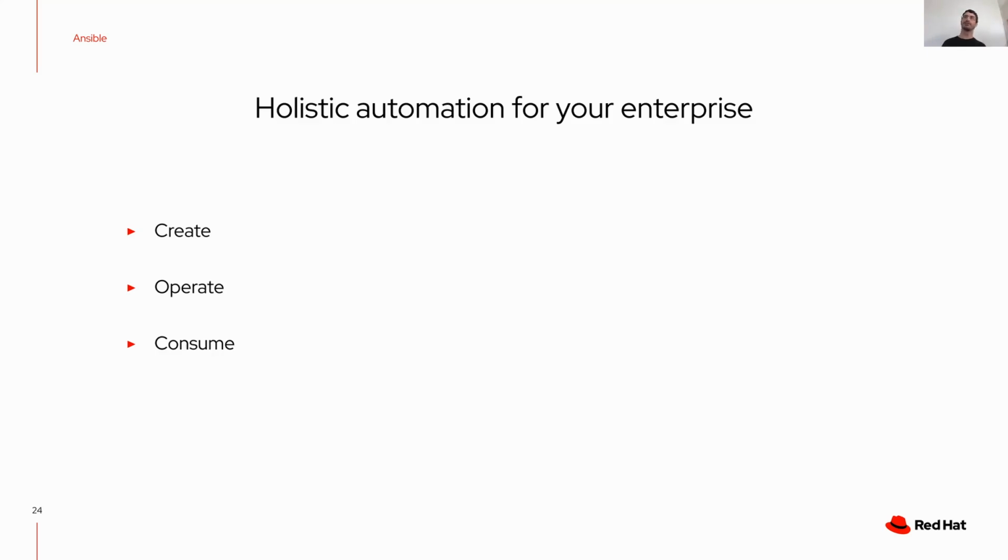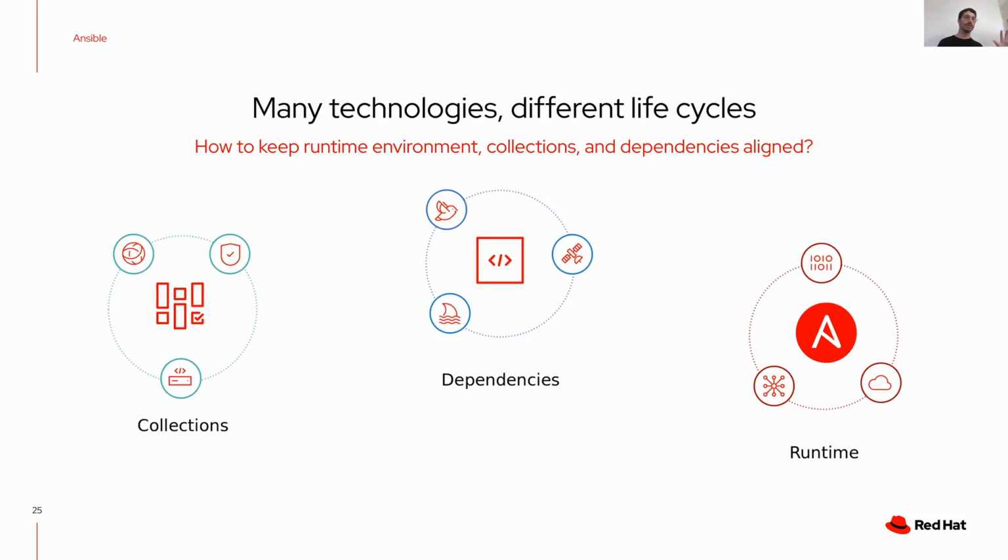And if you start from the creating part, it's very important to understand that there are many different things that go into automation. Obviously, there is the runtime. Ansible has versions, as every other software, and it does continue to have new releases, which means that when you do automation, you have to create Ansible playbooks targeting a specific version of the runtime.